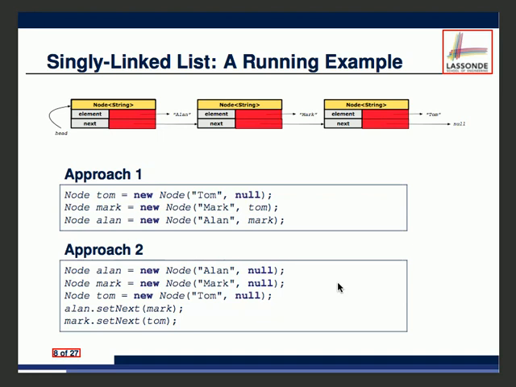So now let's see line number 4. When we say Alan dot set next, okay? Let's see what I can do. So let's review what set next is. So remember in the node class, so we have class and we have node.